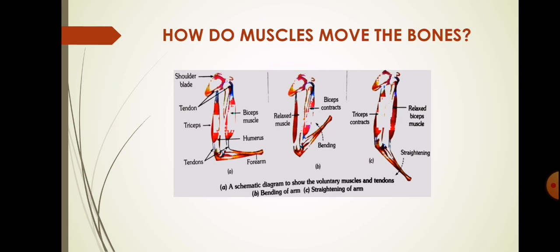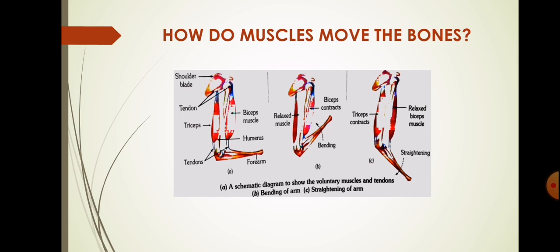In the direction the muscle contracts, in that direction only the bone moves. We can say that muscles can only pull, muscles cannot push. When muscles contract, the bone is pulled in that direction, and meanwhile the other muscle of the pair relaxes.